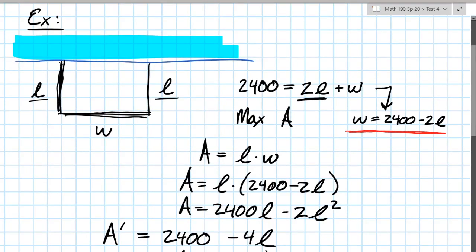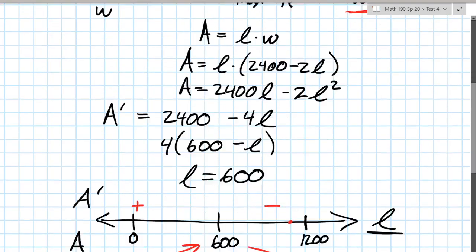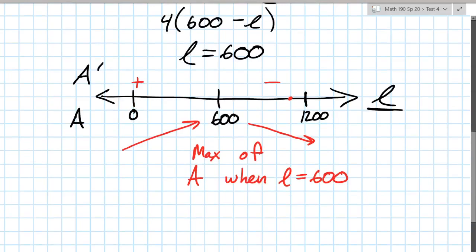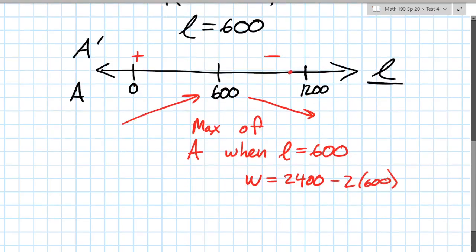If the length is 600, then the width would have to be 2400 minus 2L. L is 600, W is 1200. And that gives us the solution of the problem.